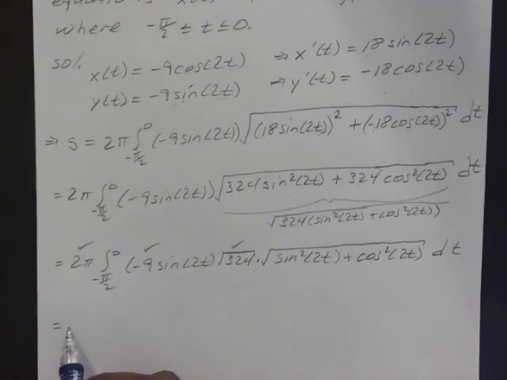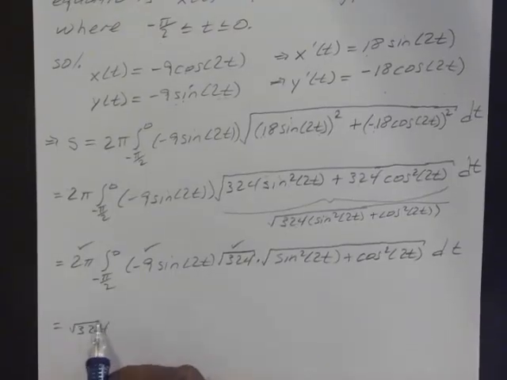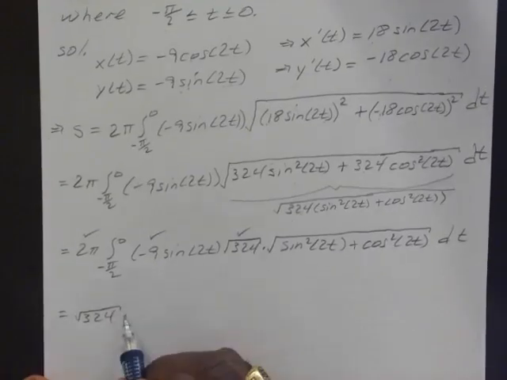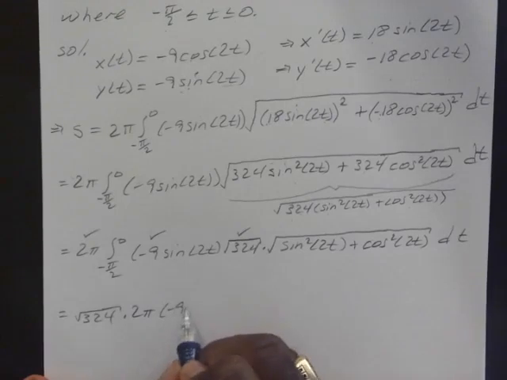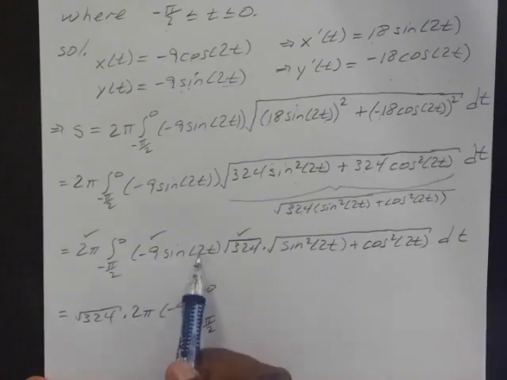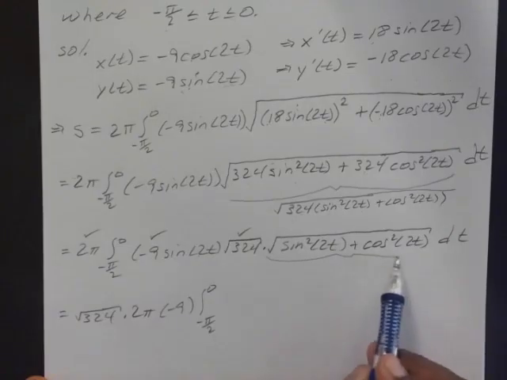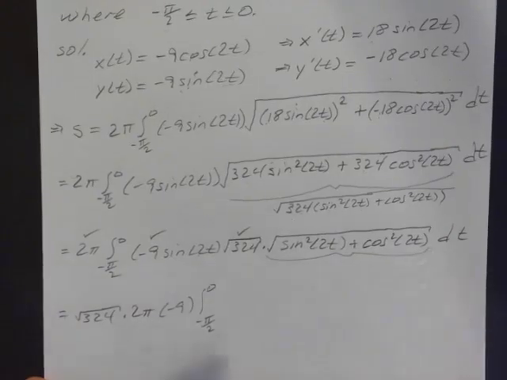Okay, so this one, that gives us the square root of 324 times 2 pi times negative 9 times the integral of negative pi over 2 to 0 of sine of 2t, and this square root of sine squared plus cosine squared, well, sine squared plus cosine squared is equal to 1.